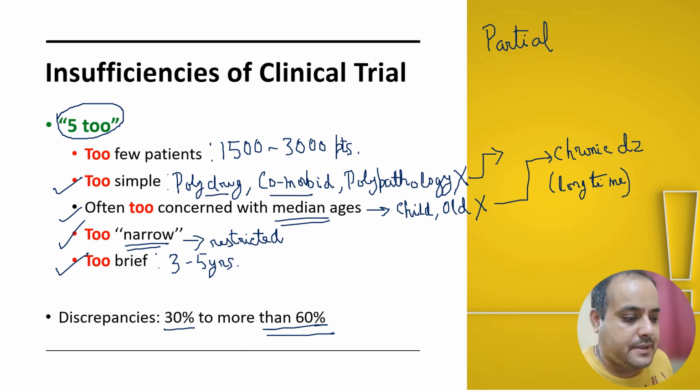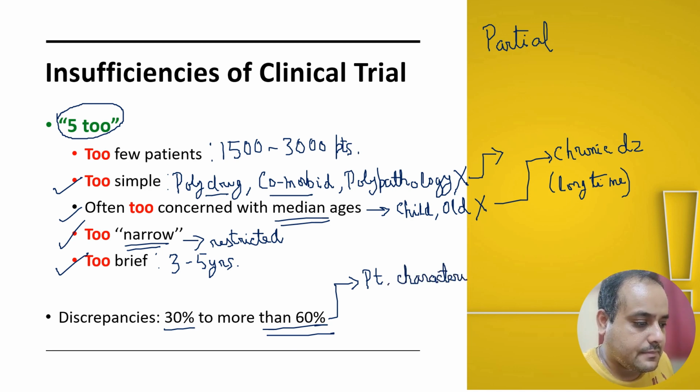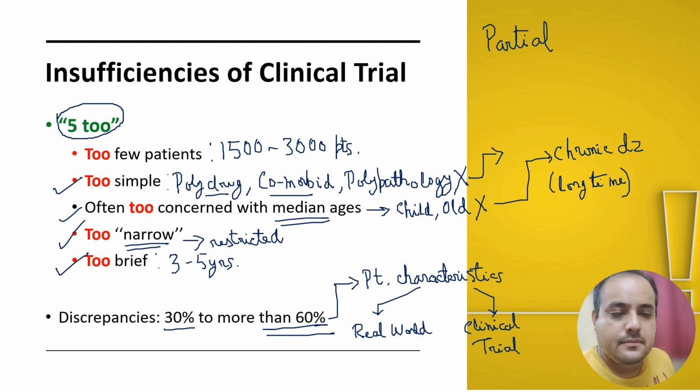And these discrepancies have been observed in patient characteristics between a real world patient and the patients who were involved in the clinical trial. The discrepancy ranges between 30 to more than 60%.